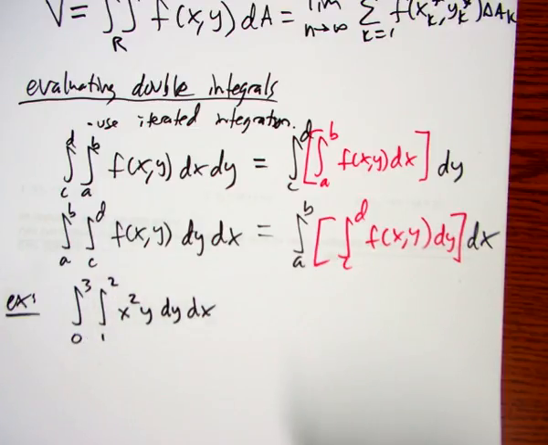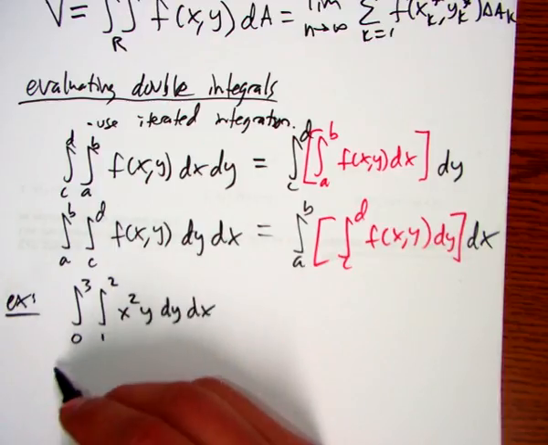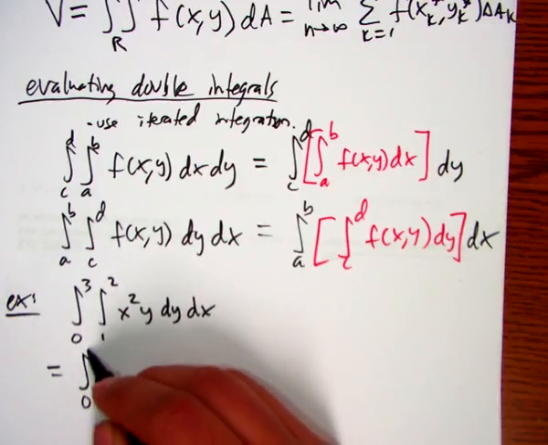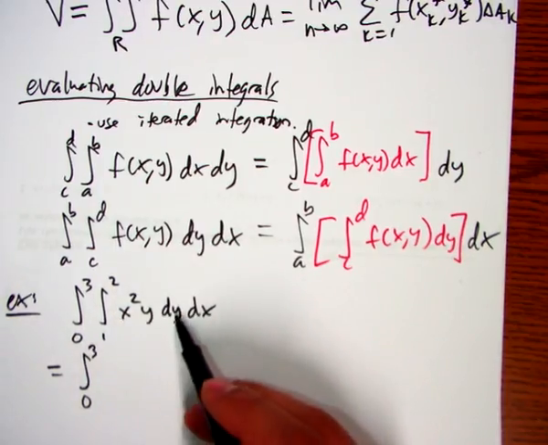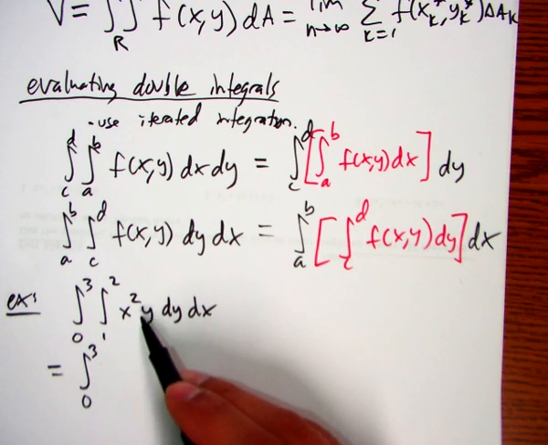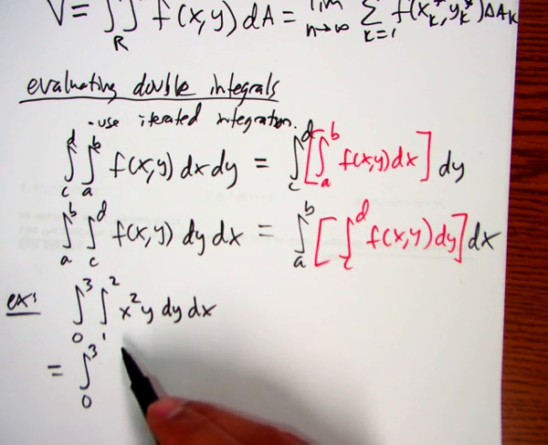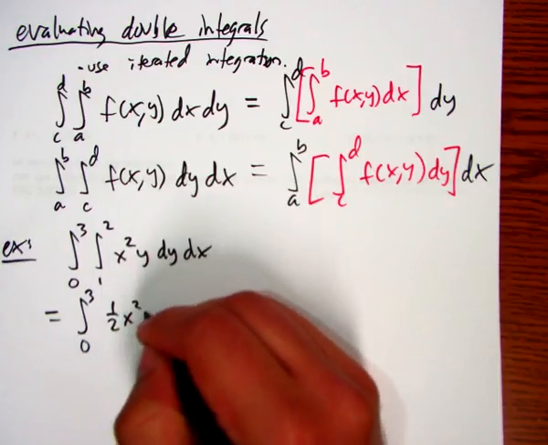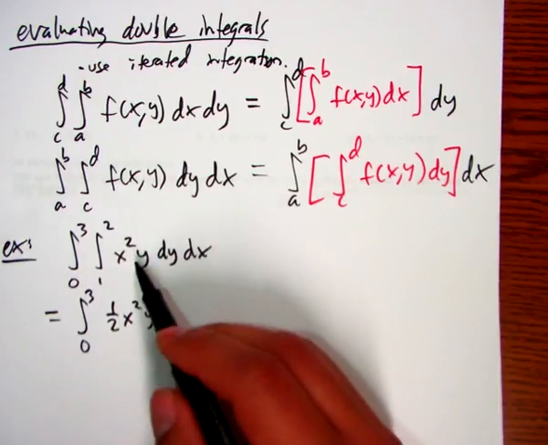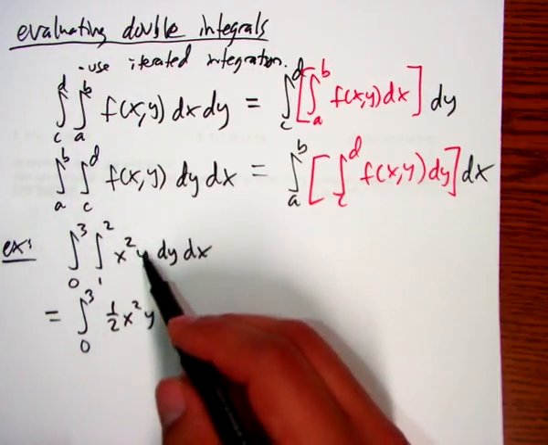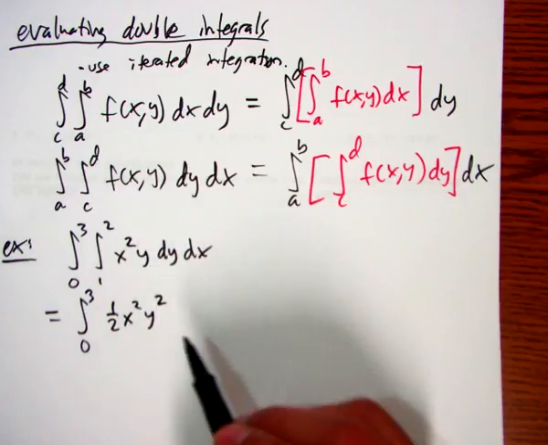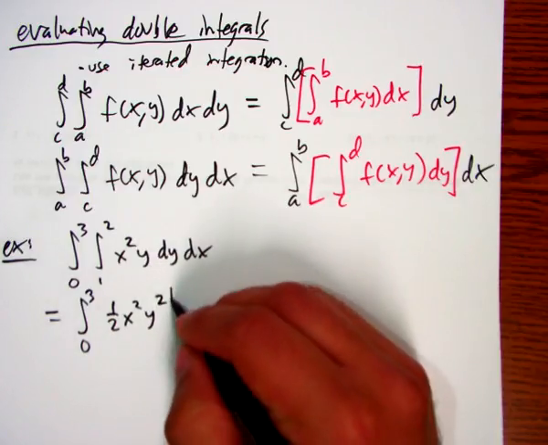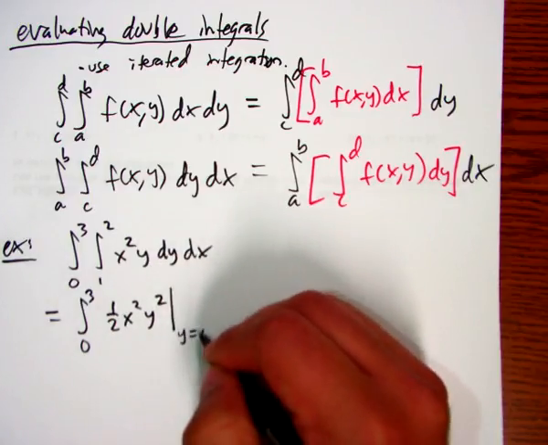Okay. So if we start with the inner integral, if I integrate with respect to y first, what is x squared y going to become? That is correct. 1/2 x squared y squared. So you just treat the x squared for now as a constant. So integrate y, you get 1/2 y squared. And then that is from y equals 1 to y equals 2.